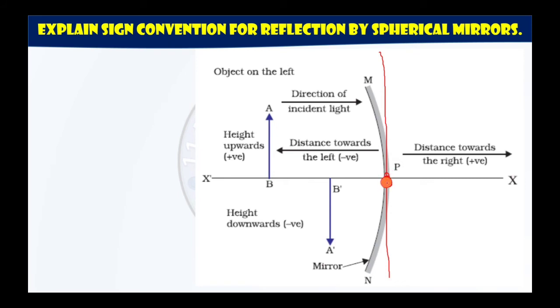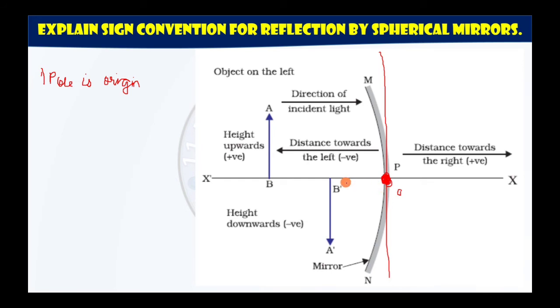So this point is the origin for us, this is 0, right? So first rule is you will consider the pole as origin. Very sorry for the handwriting, but I am writing with a mouse, and it is quite difficult to get good handwriting with a mouse. So the pole is origin. This is the first thing.